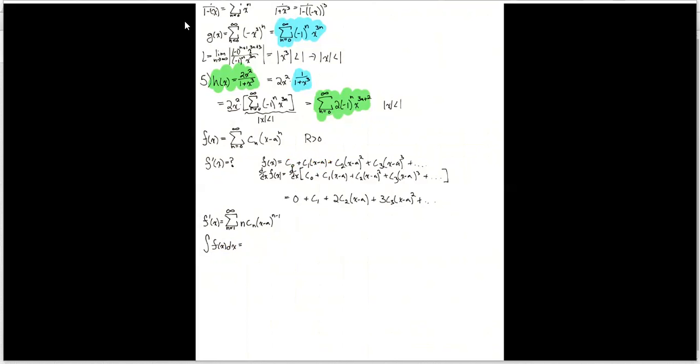So it turns out we can do that. And the power series for the integral of f is going to be some constant, right? Because it's an indefinite integral. So we're going to have some kind of constant, c.